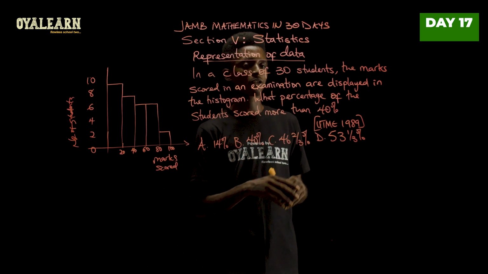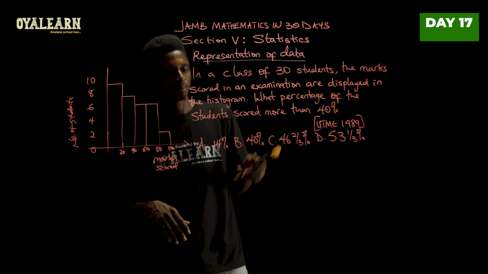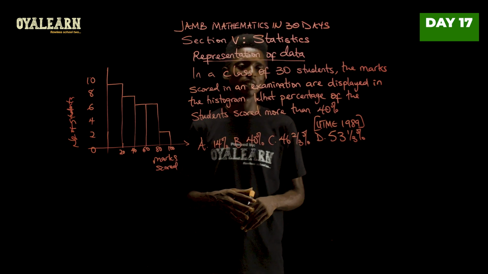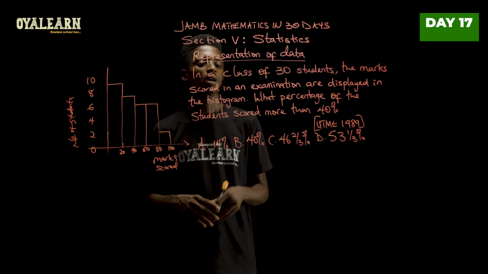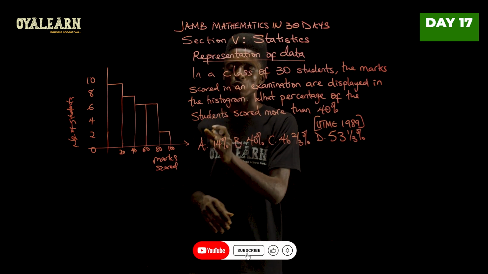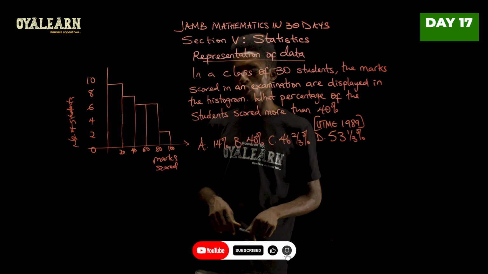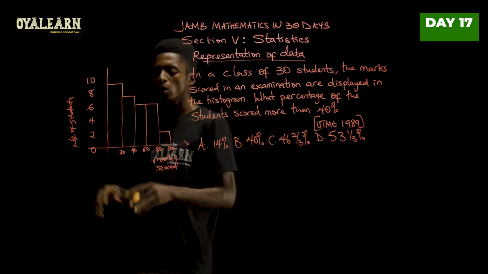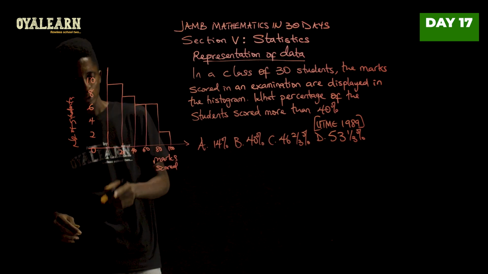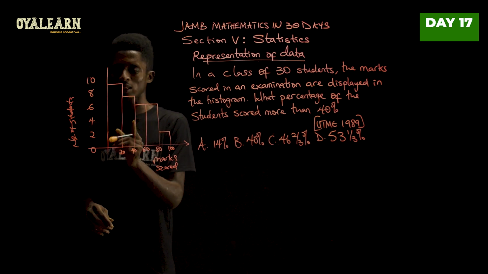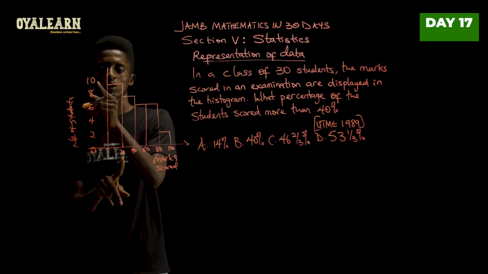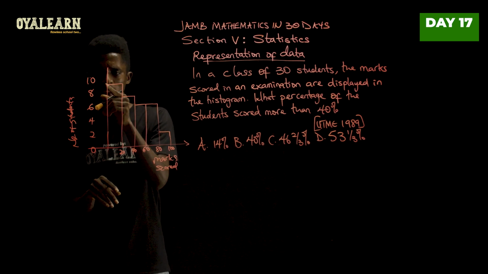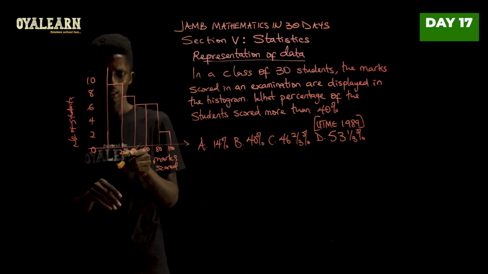In a class of 30 students, the marks scored in an examination are displayed in the histogram. What percentage of the students scored more than 40%? Now, when we look at this histogram, we see that less than 10 students scored 10 marks, no, this is 9 because it doesn't get to 10.